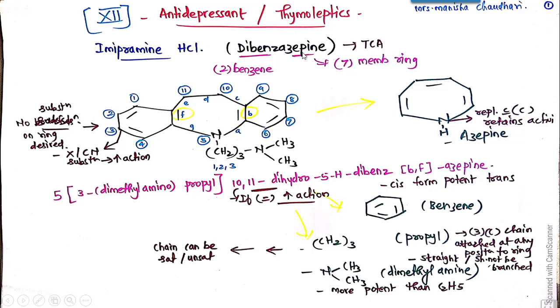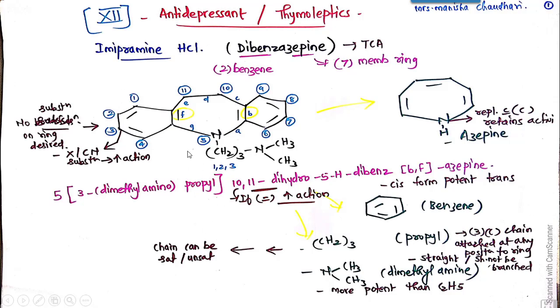Since imipramine belongs to dibenzazepine, what is the difference? Only in the name: pramine, amine. So an amine is there, one more nitrogen is there, and pra means propyl. So it is a 3 carbon chain and an amine.